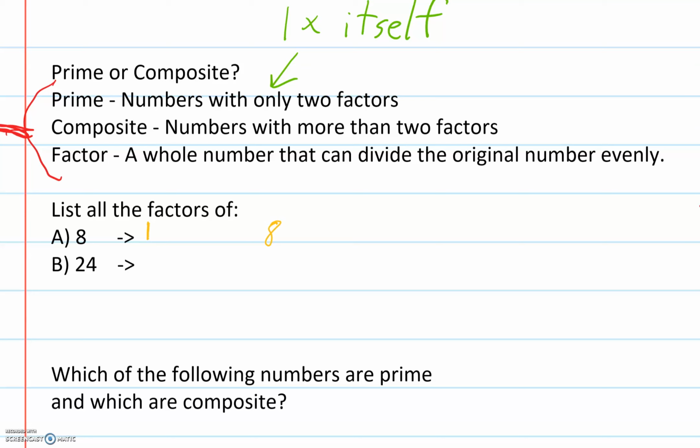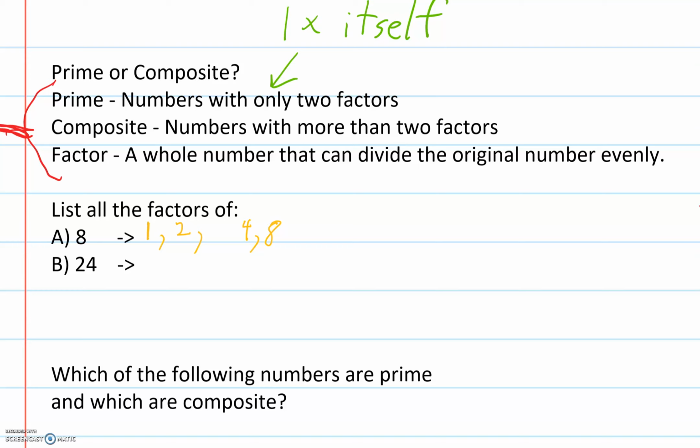But there are ones in between. So let's go in between. 2 does do it evenly, as 2 times what equals 8? 2 times 4. Okay? And then you would check all the way until you meet in the middle. So in this case, 1, 2, 3, does 3 divide 8 evenly? No, it does not. So 3 is not a factor, so we have our 4 numbers.